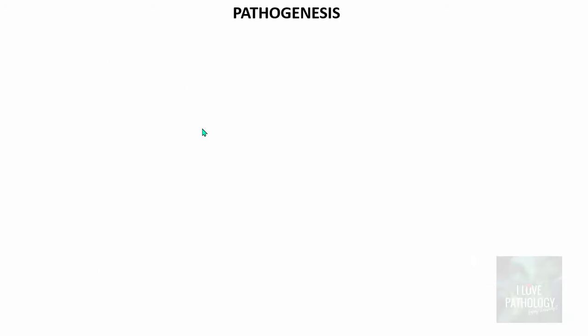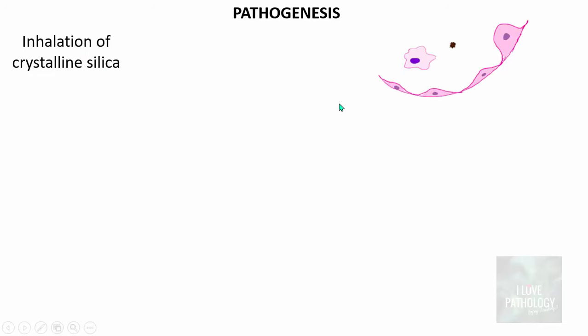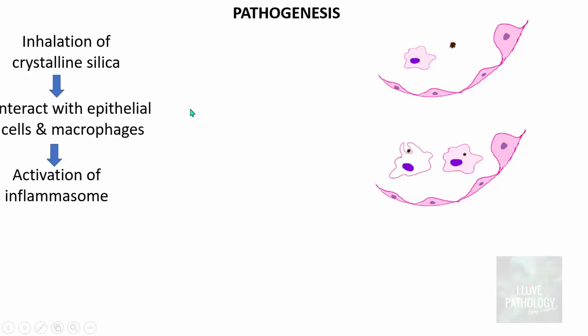Now what is the pathogenesis of silicosis? Once individuals inhale the crystalline form of silica, it enters the alveoli, and this is an alveolar macrophage. There will be interaction between the epithelial cells and the macrophages by this crystalline silica.